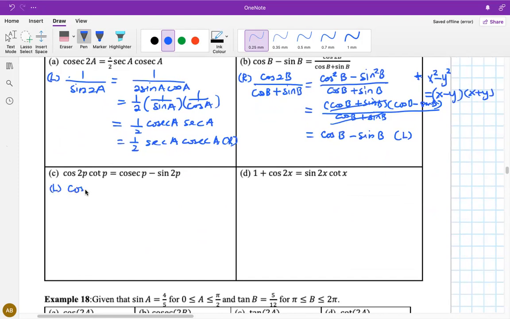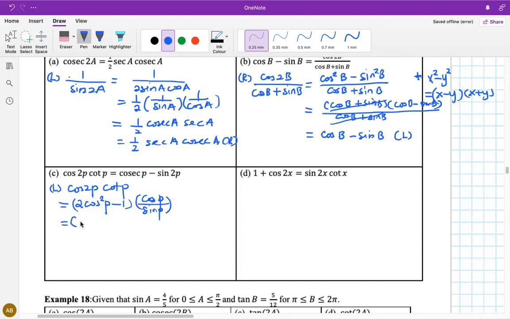What is cos 2p, and then cot p? Cos 2p, you can choose 2 cos square p minus 1. Then times cotangent, which is cos p over sine p. So you can see here, I want the answer cosecant, so that's 1 over sine. This one also has sine, meaning that I cannot use this.